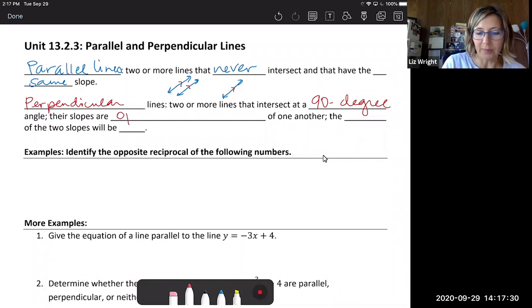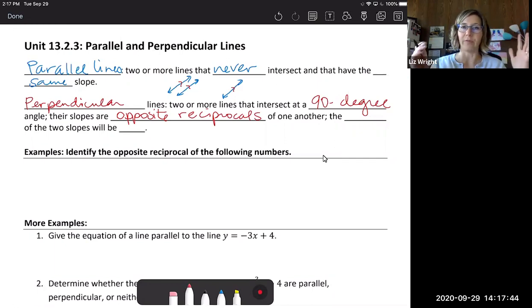So opposite just meaning if one is positive, the other one's going to be negative. And then a reciprocal is going to be like if you multiply two reciprocals together, the product of those reciprocals is going to be equal to 1.